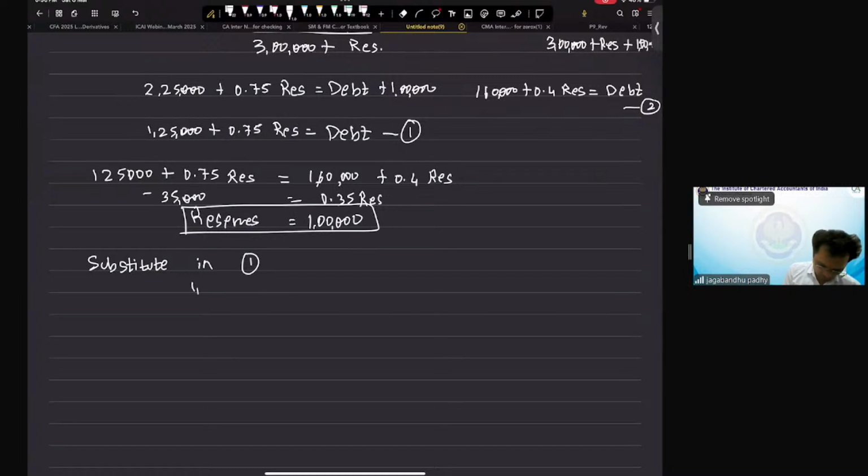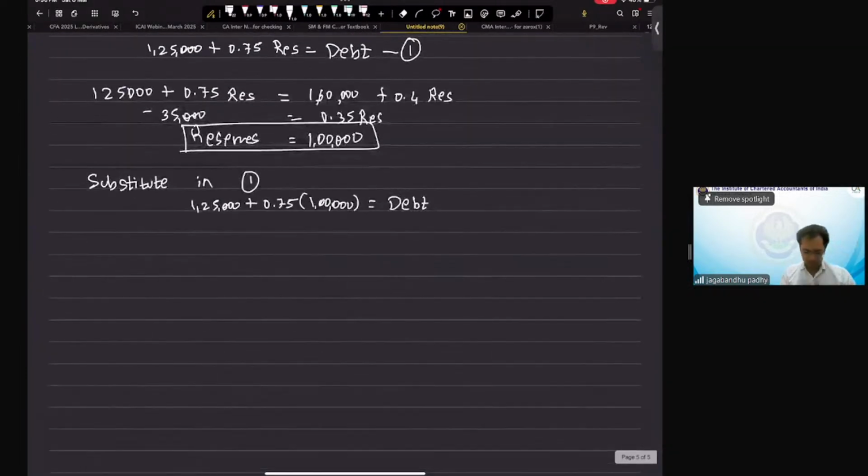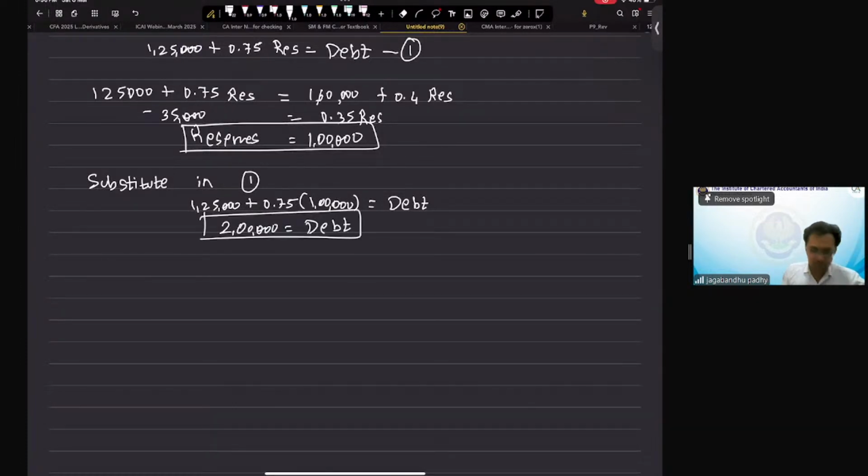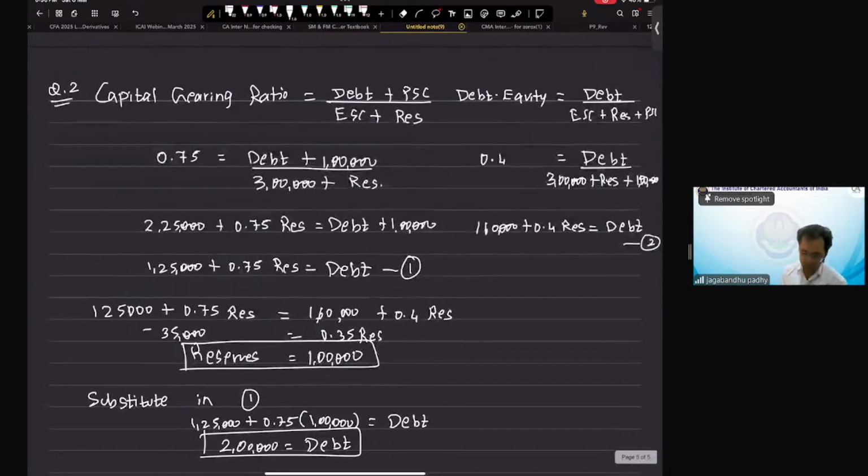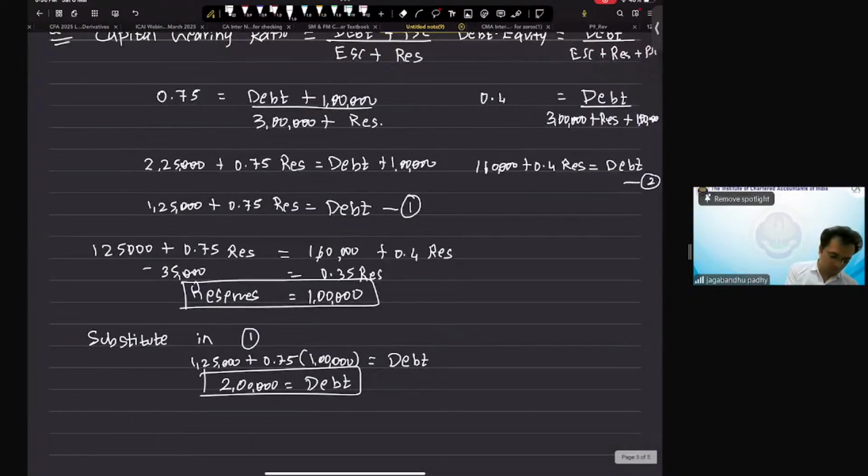It will be 1,25,000 plus 0.75 into 1 lakh equal to debt. 1,25,000 plus 75,000, that is 2 lakh. The value of debt is 2 lakh. So I got the value of debt, I got the value of reserves, I got the value of equity. All things are asked.